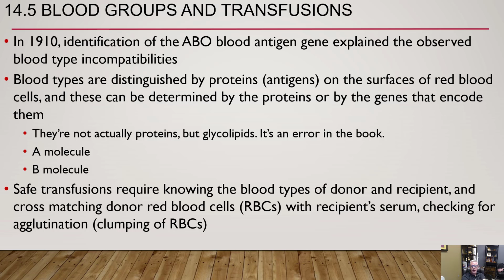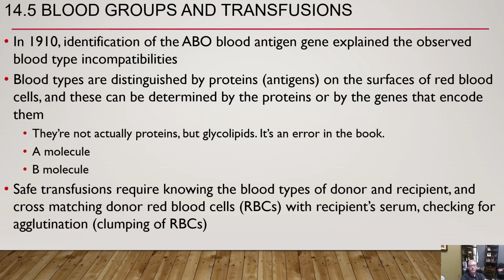If you have a nothing, an A, or a B, or you could have an A and a B, knowing this will let you know what kind of blood is safe to transfuse to that patient.